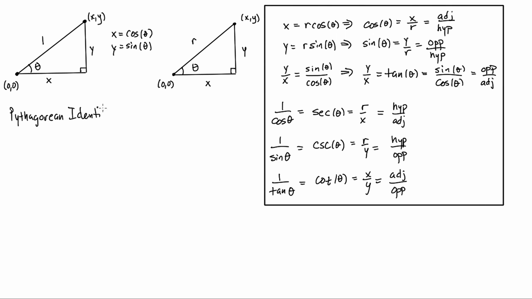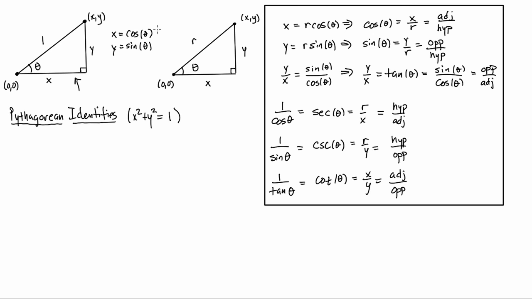Now, as the name might imply, the Pythagorean identities use the Pythagorean theorem as sort of a basis for their structure. If you look at the right triangle directly above here, the Pythagorean identity says for that triangle that x squared plus y squared equals 1 squared, or just 1.